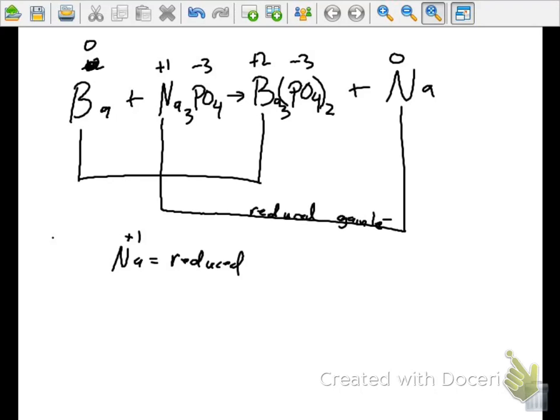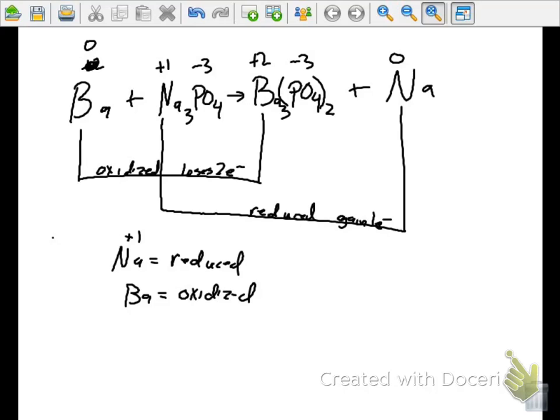So the other one has to be oxidized. So Ba is oxidized. And how many electrons does it give up? 2. Loses 2 electrons. Okay? Let's go ahead and balance our reaction.